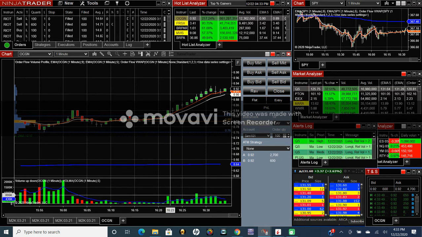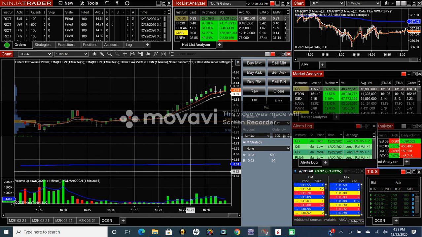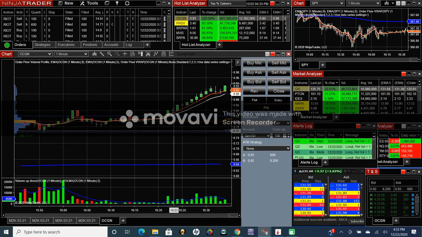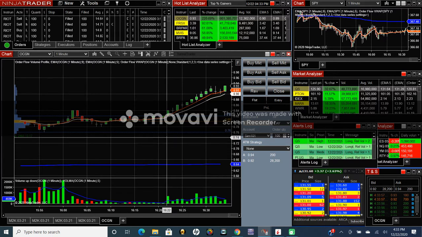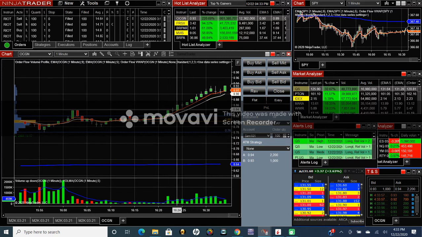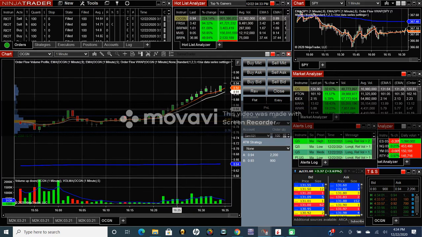So you want to make sure the volume is really high and the relative volume is really high, and then it's above VWAP for long trades, and for short trades, it's kind of the opposite: the 5 MA crossing below the 9 MA. So I just wanted to set that up.